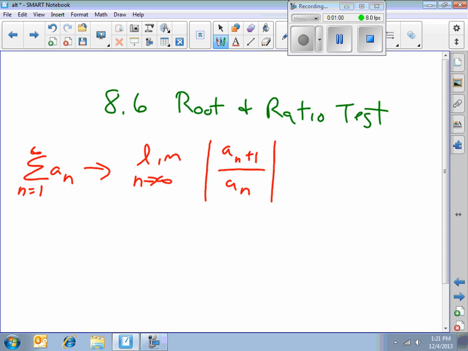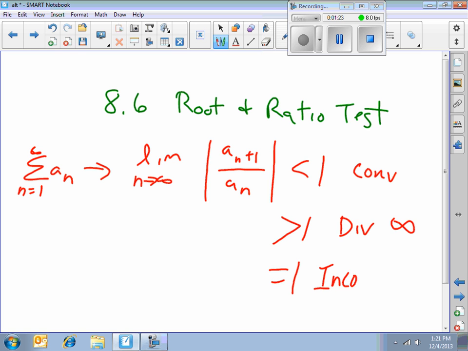So the next term divided by the previous term, the absolute value of the limit as n approaches infinity: if that's less than 1, then we say it converges. If that value is greater than 1, we say it diverges. And by the way, infinity would be greater than 1, so that's something to look for. If it's equal to 1, it's inconclusive, and we can't use this test. We have to use another test.